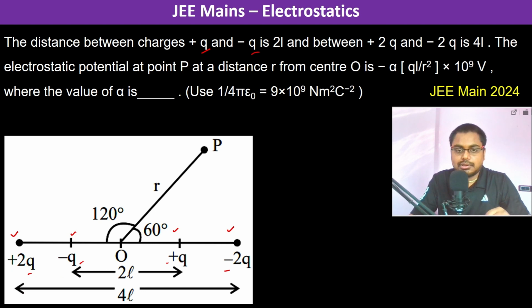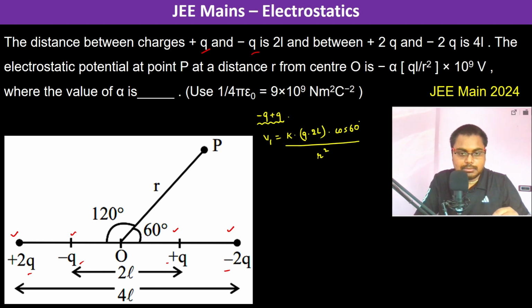So for the minus q and plus q dipole, the potential is going to be kp cos theta by r square. So k into p, which is q into 2L, into cos theta, which is cos 60 degrees, divided by r square.